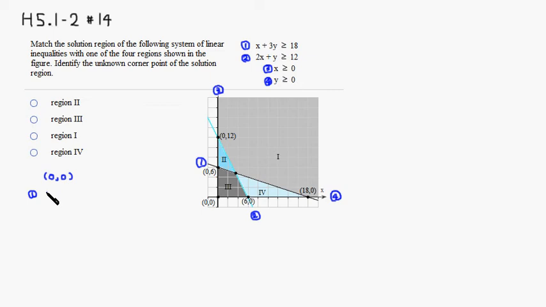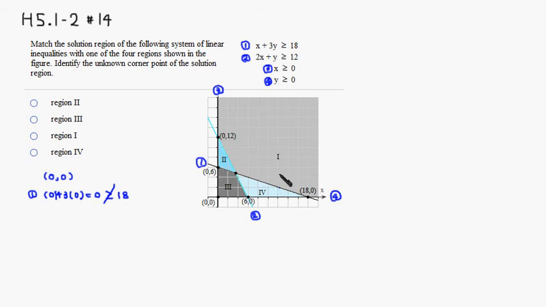Plug in 0, so it's 0 plus 3 times 0, which is obviously 0. Is this greater than or equal to 18? It's not. Which means that we need to shade the side which does not contain 0, 0.